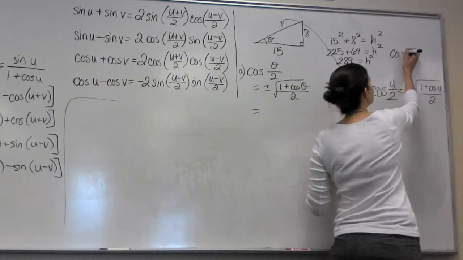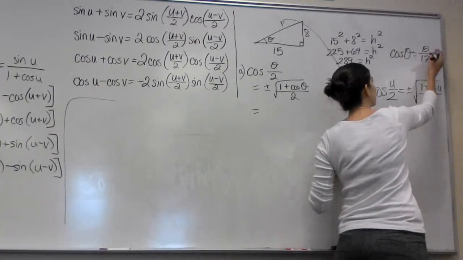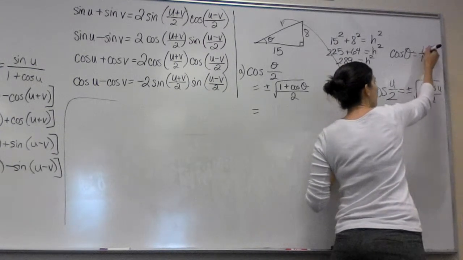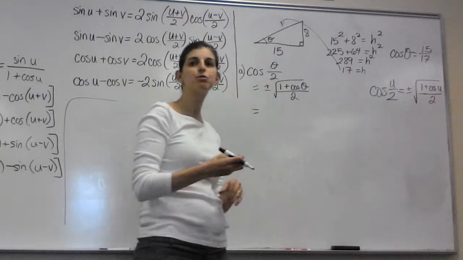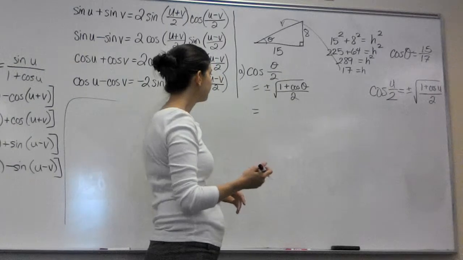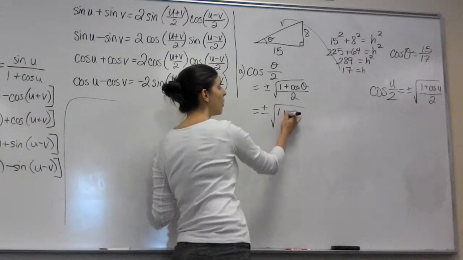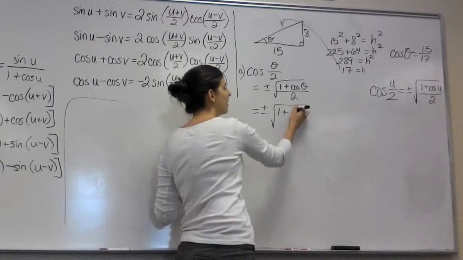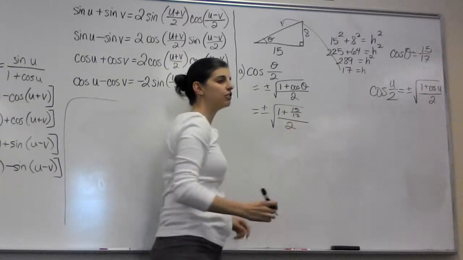Using SOHCAHTOA, the cosine adjacent over hypotenuse ratio, so plus and minus the square root of 1 plus 15/17, all over 2.